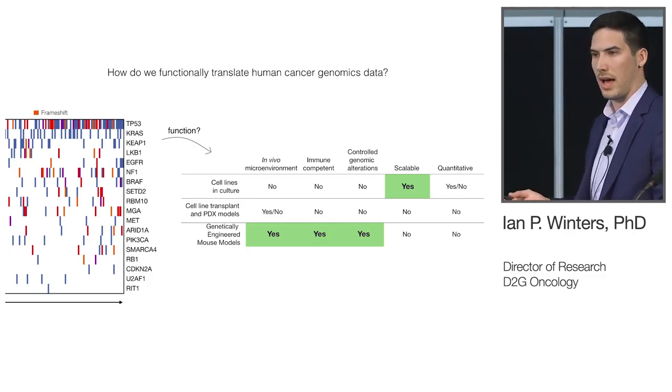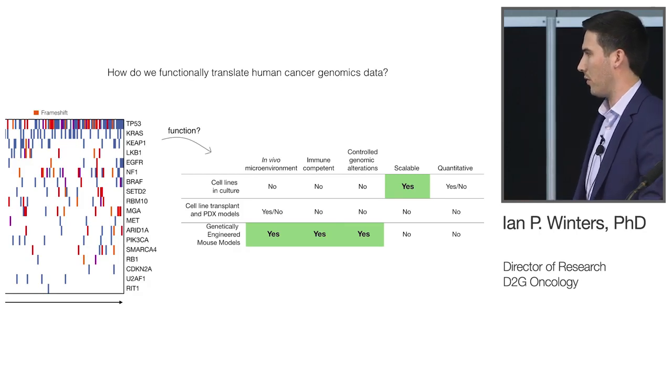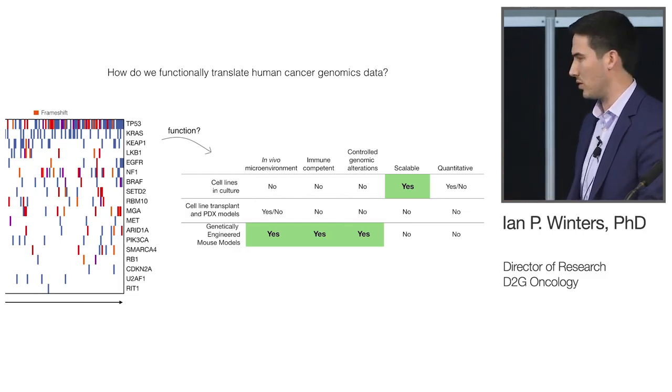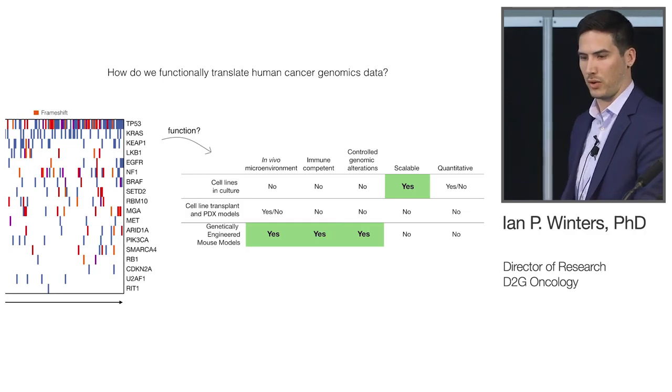These models are fully immunocompetent, and you genetically engineer these mice so that you're controlling a very specific set of alterations. However, they're totally not scalable and quantitative. So the goal of my work at Stanford was to get the best pieces of these models into one system. How can we have an accurate system that's also scalable and quantitative?